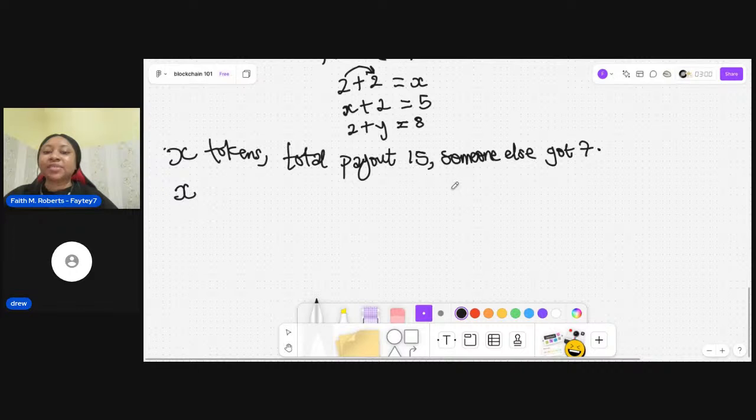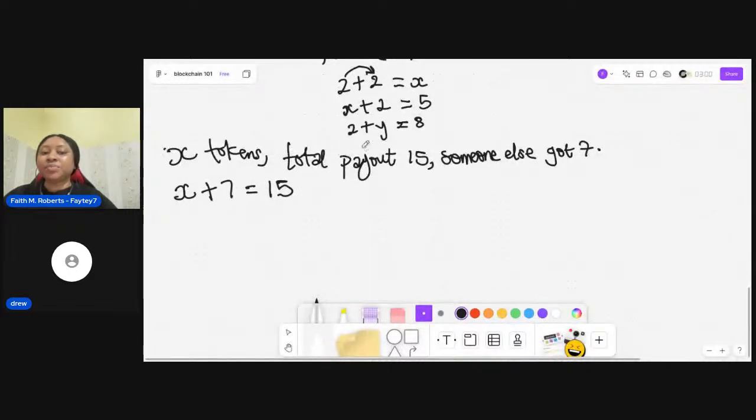And the second payout the smart contract did was 7, right? But one thing we know is that the total payout that was done is 15. So whatever X is plus this 7 that the smart contract sent out, they are all added together to get the total payout.